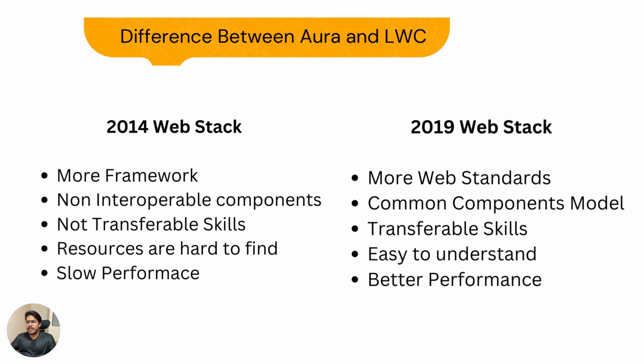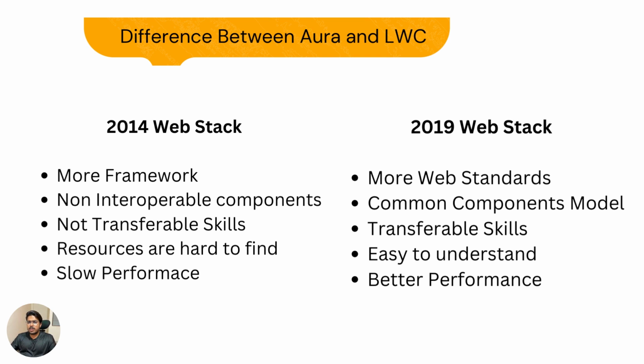But in the 2019 web stack, there is a common component model, so this is interoperable. If you create a component in LWC, then you can use that component anywhere, like in Aura, in React, in Angular. So this is the advantage of Lightning Web Components.